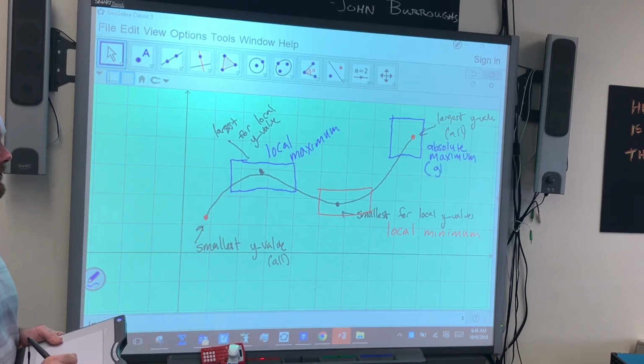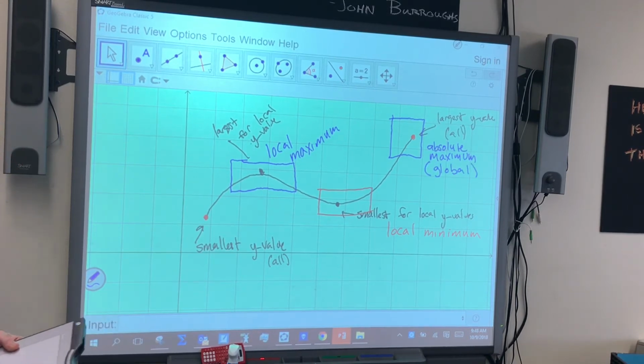Sometimes instead of absolute, they'll say global, meaning the entire curve. Okay, and this one here would be an absolute minimum, or a global minimum.